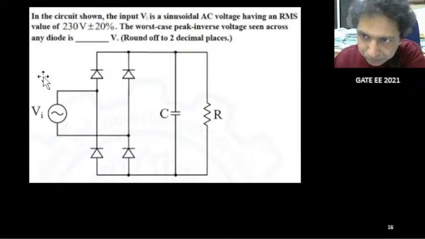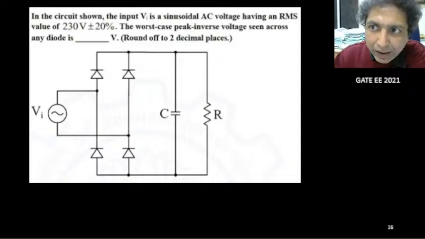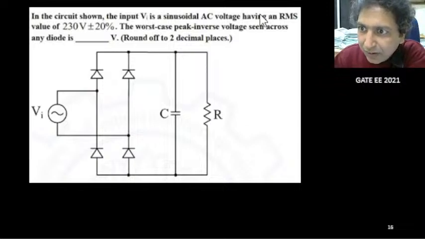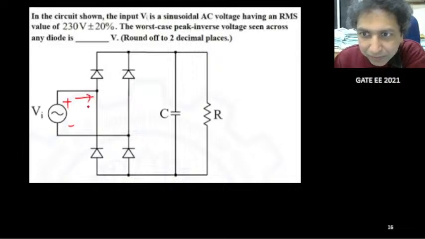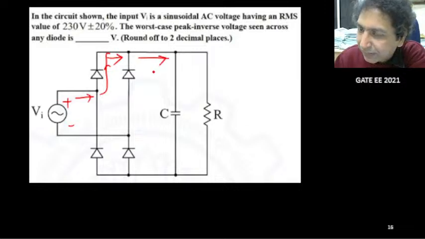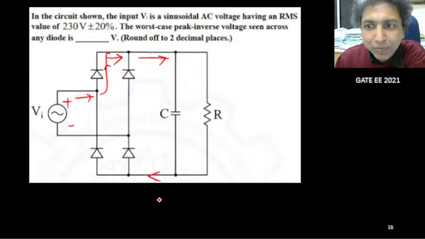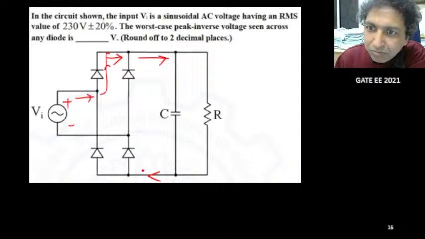So why is it so? If you want to understand why, suppose I consider the positive half. The current is coming here, so this diode is not on, and the current will go to this side. Then it can't go this side, it can go this side. Then it will go through the filter circuit, and again come back here, this time going through this one.